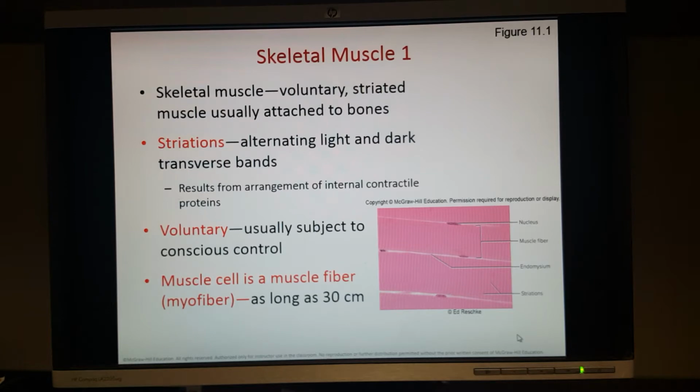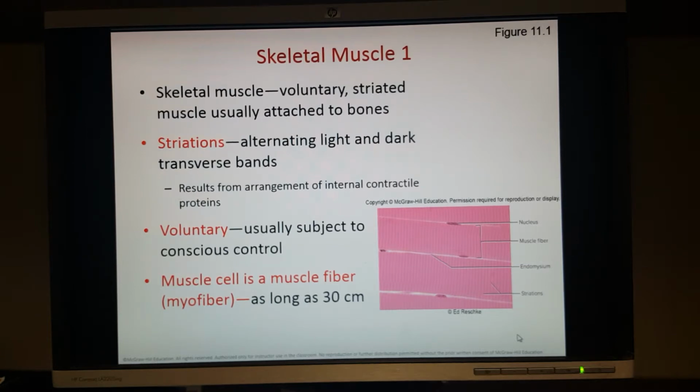However, for your smooth and cardiac muscle, we cannot tell our heart to slow down or tell our stomach to speed up digestion and mix things up a whole lot faster. That we cannot consciously control, and so it's under involuntary control.